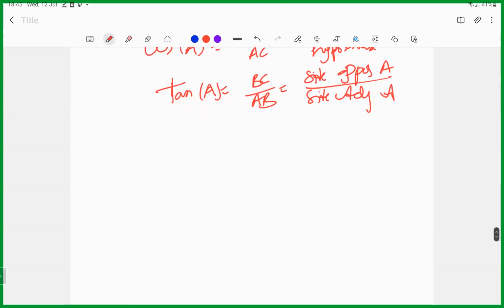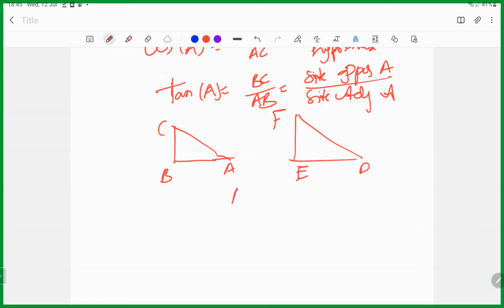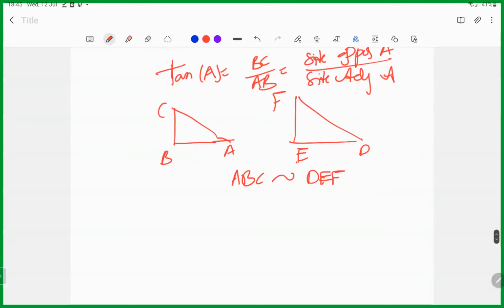So what are the properties of similar triangles? Angles are equal. Let's say this is ABC and this is DEF. Similar triangles are shown with this symbol. In order to say that ABC and DEF are similar triangles, there are two things to show. One is that the thetas are equal.